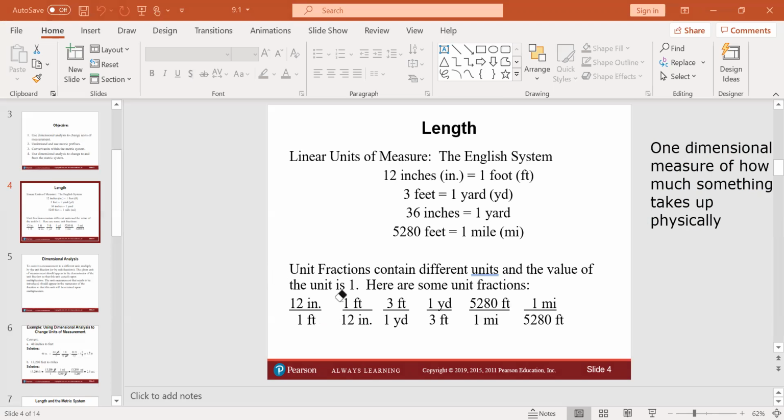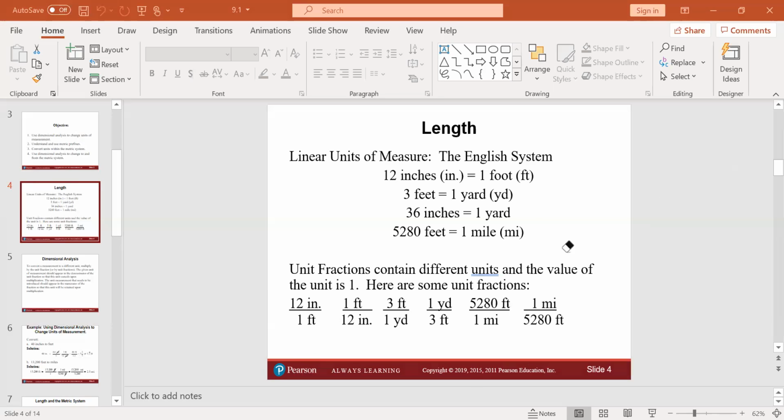So we can take any unit fraction and flip it on its head depending on what we need to do. We can take 3 feet to 1 yard, 1 yard to 3 feet, 5,280 feet to 1 mile, or 1 mile per every 5,280 feet. The way you want to orient the fraction depends on what you're trying to convert from, and you'll see what I mean in a moment.